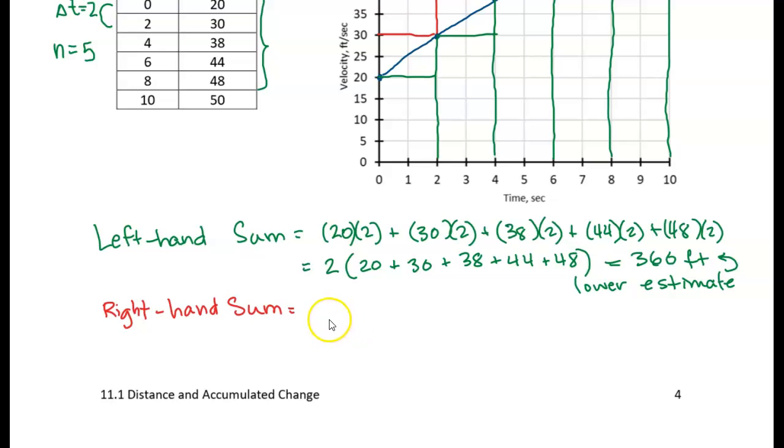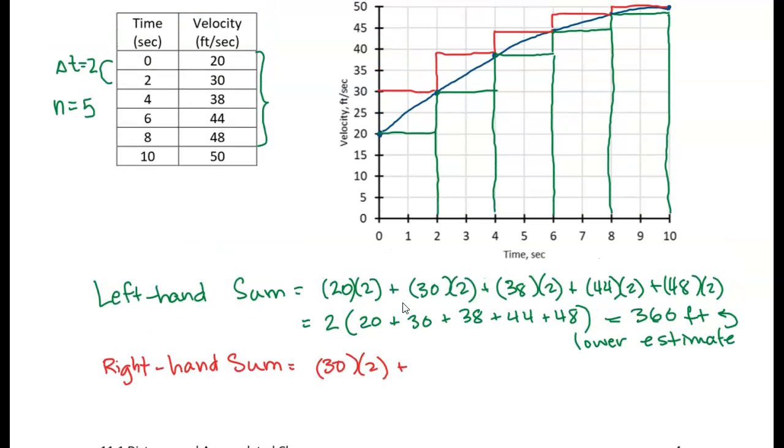So we're going to take the first interval, we would consider it to be 30 units high times 2, and then plus, let me scroll up so I can see more of it. The next one would be 38 units high by 2 units wide, plus 44 units high times 2 units wide, plus 48 units high times 2 units wide, and then finally 50 units high times 2 units wide.